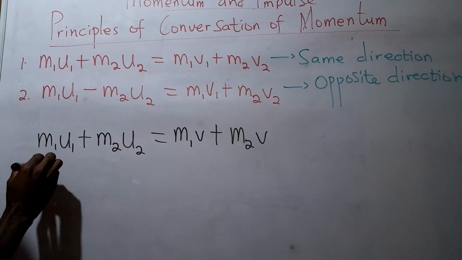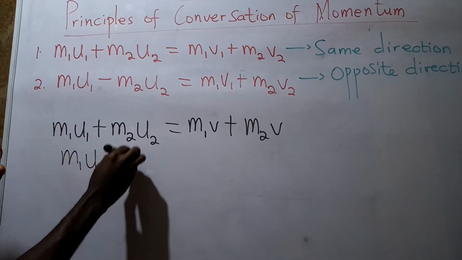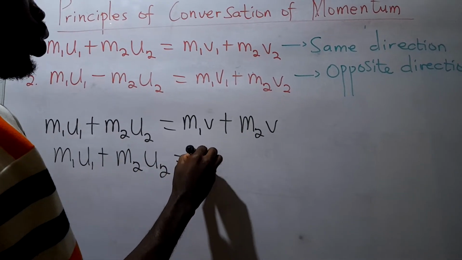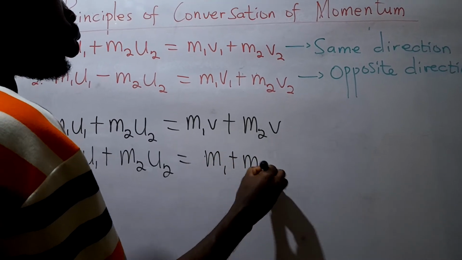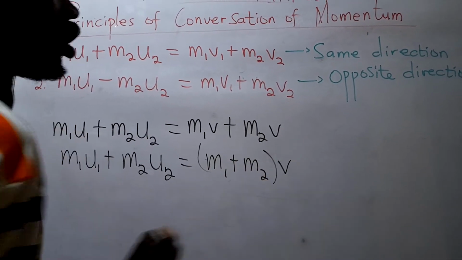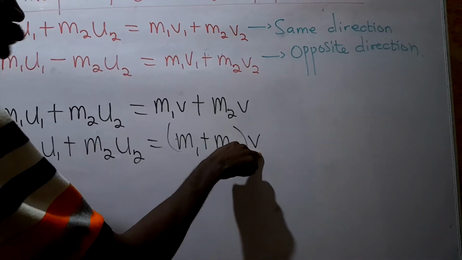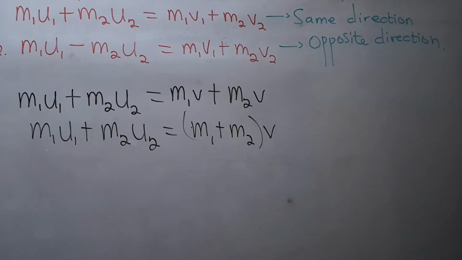What happens? We can factor out. So m1u1 plus m2u2 will be equal to (m1 plus m2) times v. So when the cars after impact move with the same velocity, remember this will be our equation.